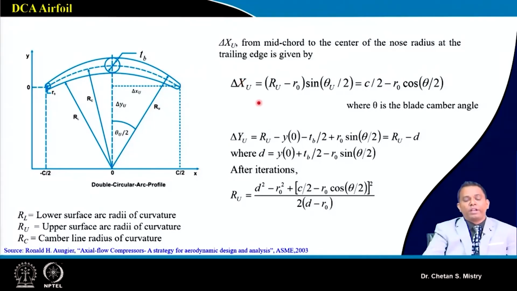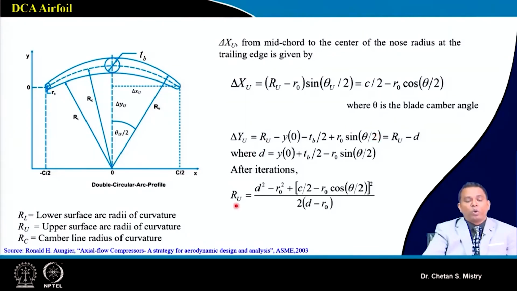So my coordinates, delta x, we can calculate based on trigonometric rules. Delta y for the upper surface can also be calculated based on trigonometry. Now, this theta is nothing but my camber angle.